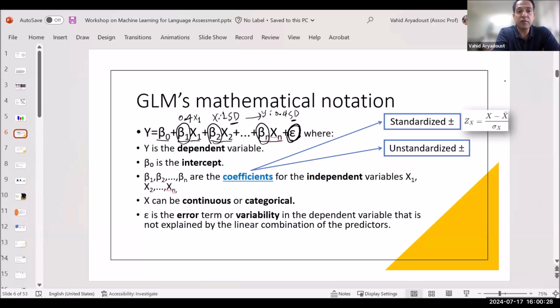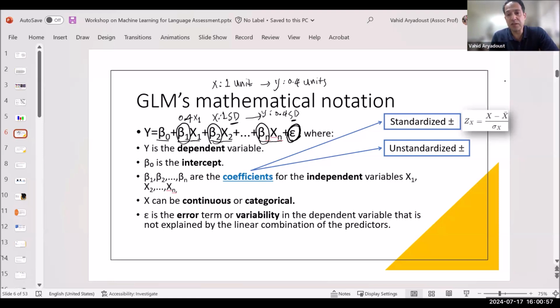In other words, if x increases by 1 unit, whatever unit it is, for example, scores, age, or anything, then y increases by 0.4 units, its own units.